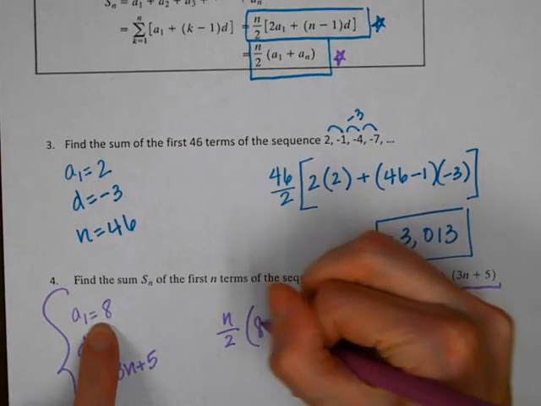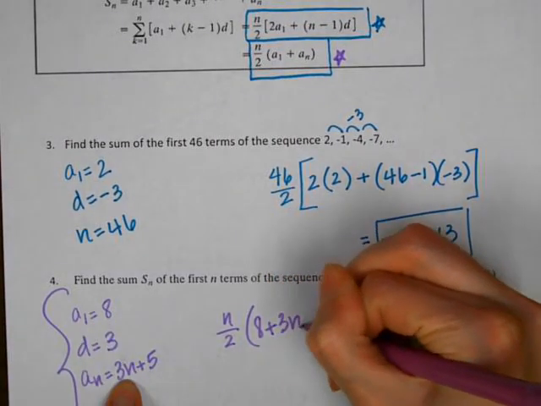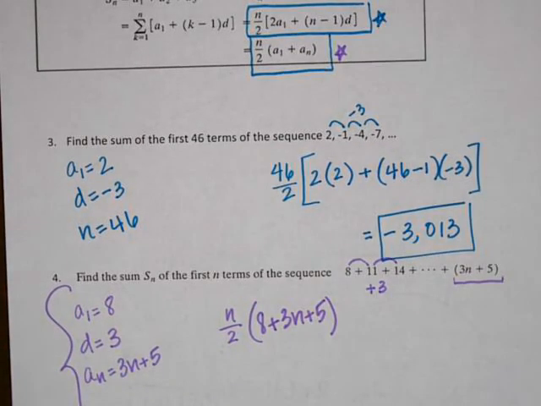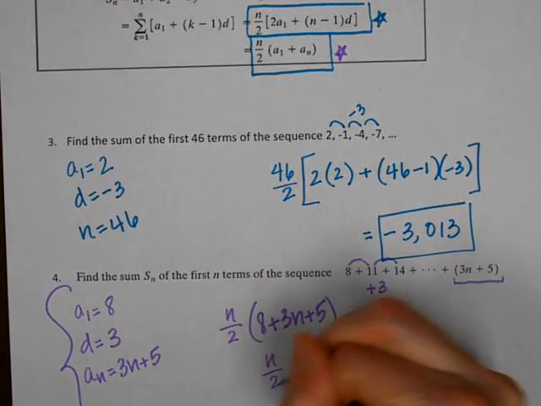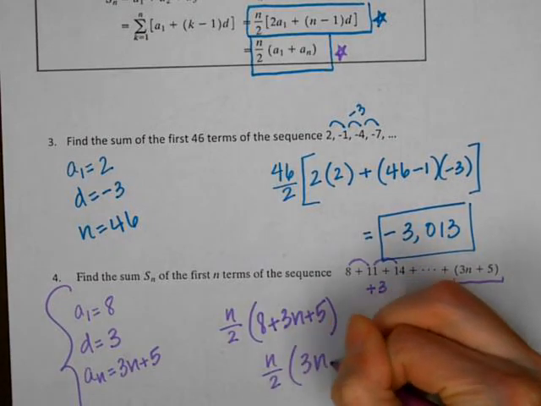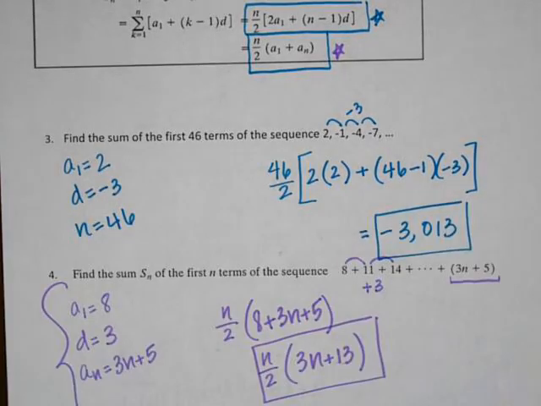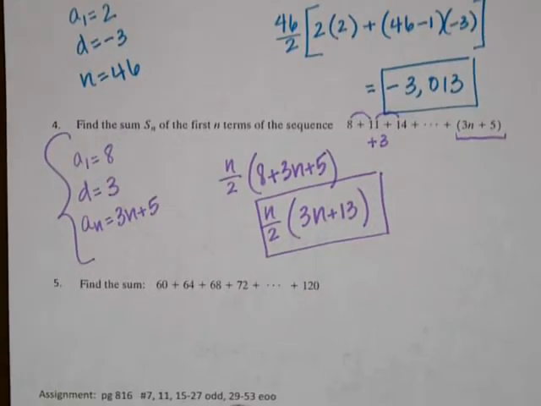So 8 plus 3n plus 5. And you would get the same answer if you use this formula. Doesn't matter. Let's just add like terms. It's going to be n over 2 times 3n plus 13. And you can leave your answer like that, because we don't know what n is, so we can't actually solve it.